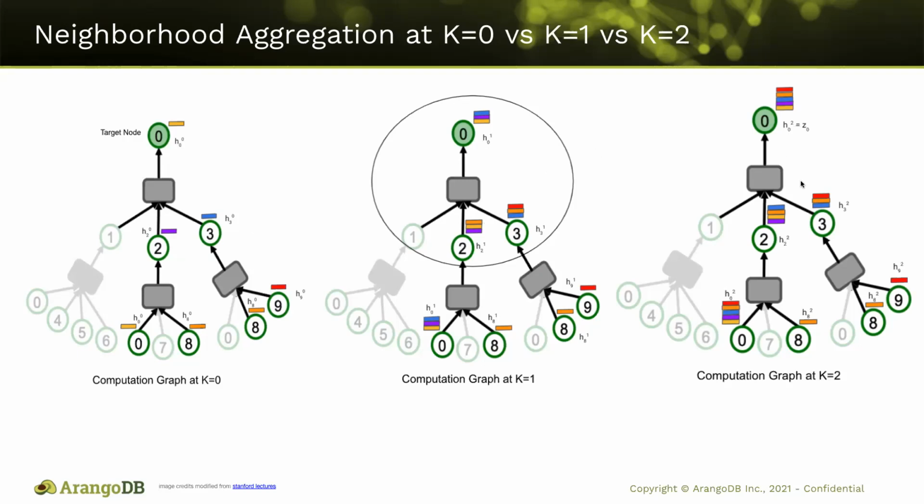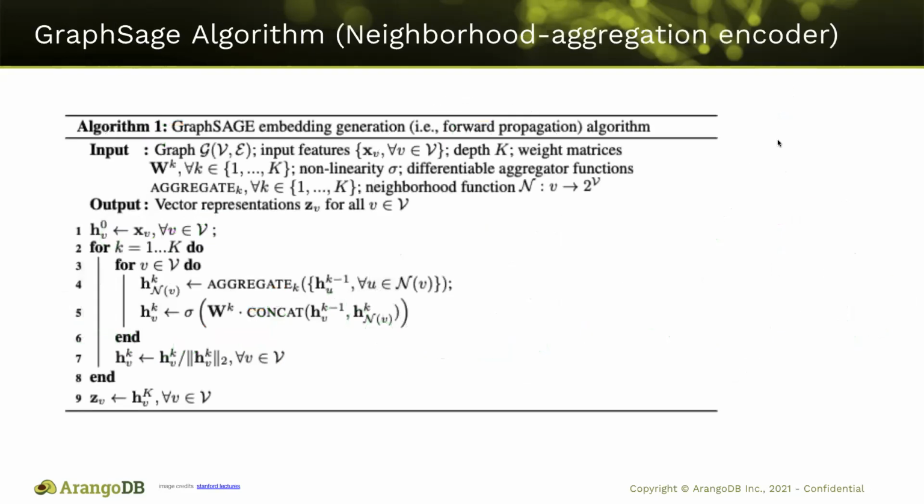At k equals 2, the target node knows the information about its neighbors at 1 hop distance, and the neighbors of those nodes, that is up to 2 hop distance, that is neighbors of neighbors. You can visualize this with the help of this comparison between the representation learning at each search depth of GraphSAGE.